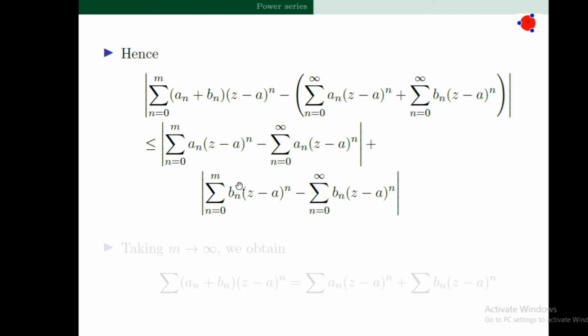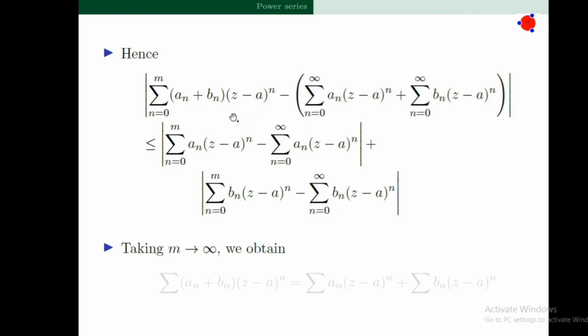And since the series sigma an into (z minus a) the whole raised to n is convergent, the sequence of partial sums converges to this sum. That is, when m tends to infinity, this sequence of partial sums converges to this. That means the modulus of this term tends to 0 as m tends to infinity. Similarly, the modulus of this term also tends to 0 as m tends to infinity.